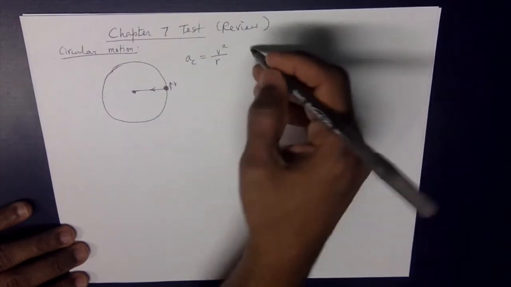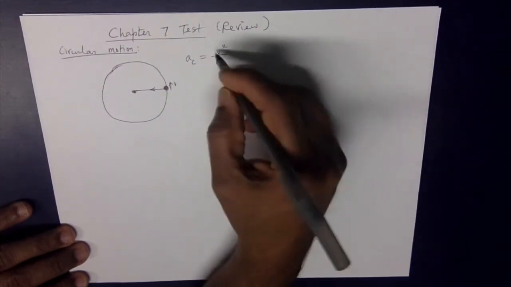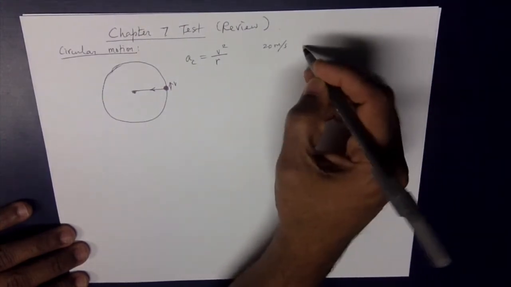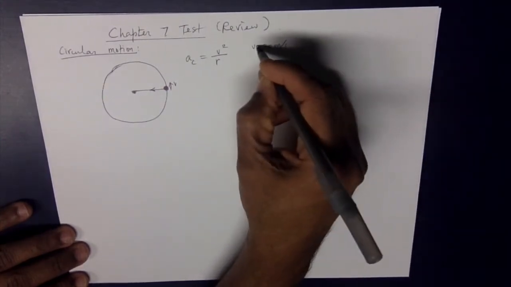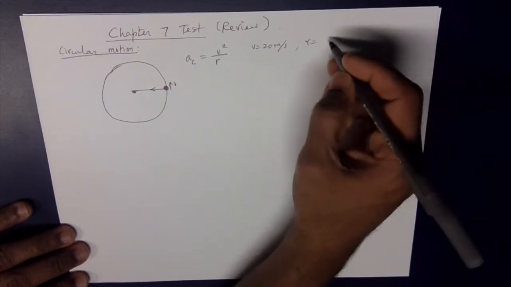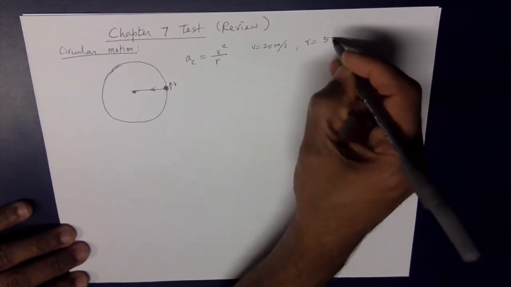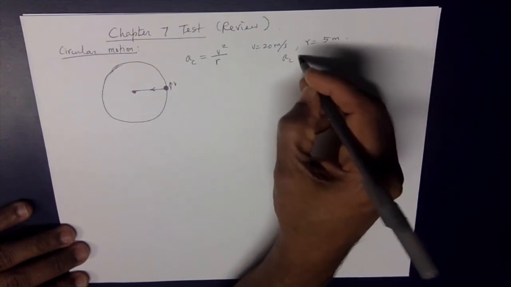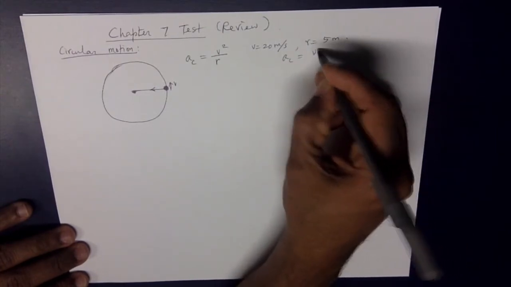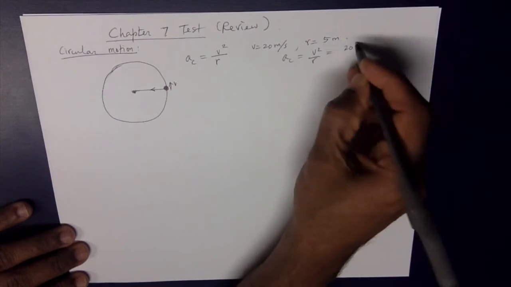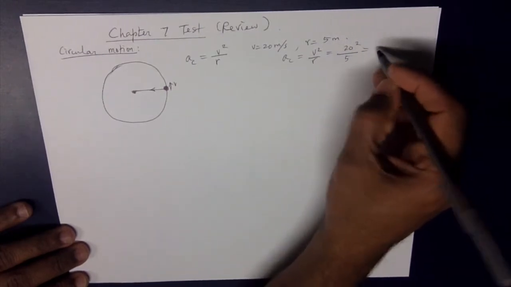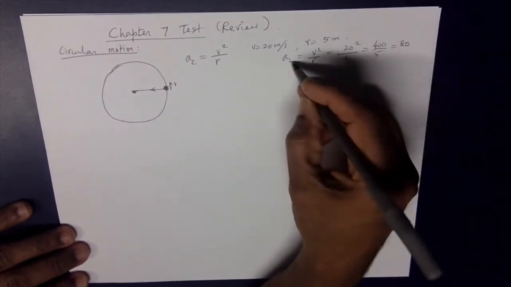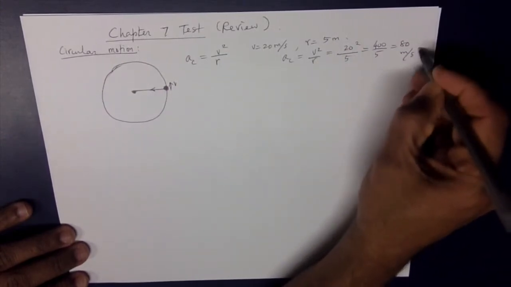For example, if I give you the speed as 20 meters per second and the radius as 5 meters, you should be able to find the centripetal acceleration. It is v squared over r, which is 20 squared over 5, that is 400 over 5, and that is 80. 80 what? 80 meters per second squared.